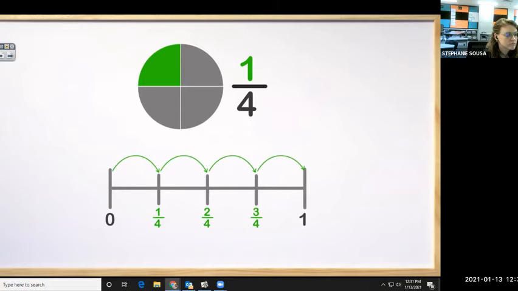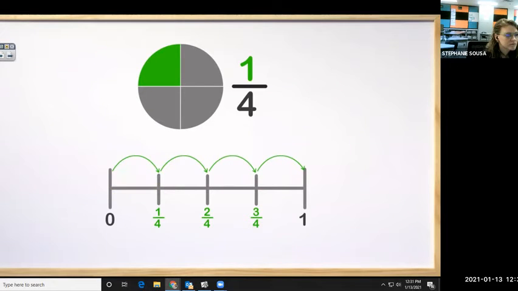Something very important we need to remember is when we are counting the fractions on a number line, we are not counting the lines. We are counting the parts in between. The jumps we did with the curved lines shows the parts of the fraction. We now know where 1/4 is on the number line. It is this part right here.